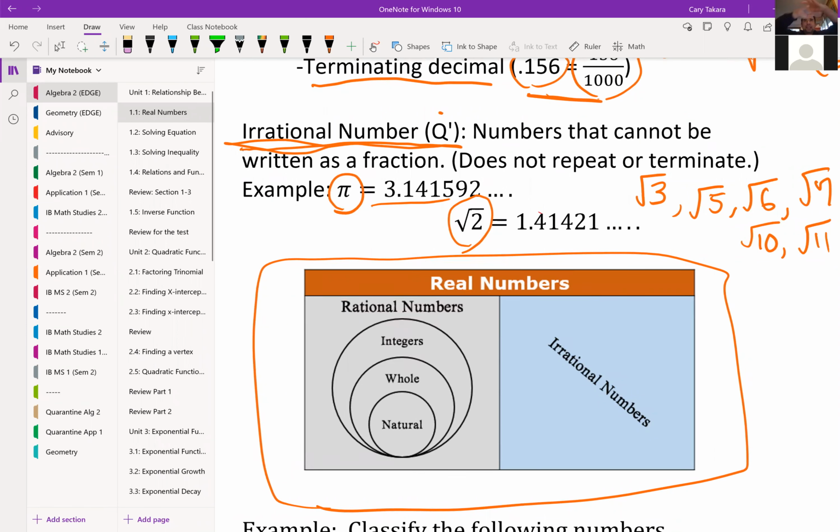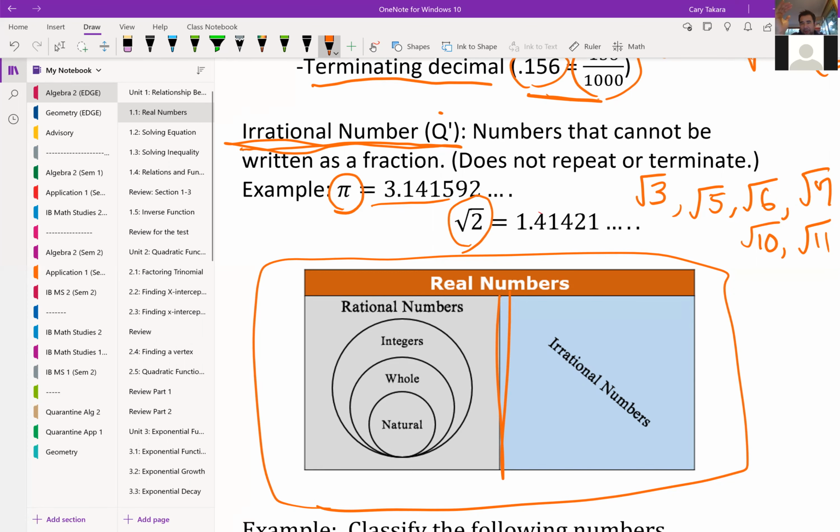In the real number system, you can split it into two parts: one is rational numbers, and the other is irrational numbers. They don't mix. They are exclusively separate. You cannot be both rational and irrational at the same time. If it's irrational, it cannot be rational, and vice versa.